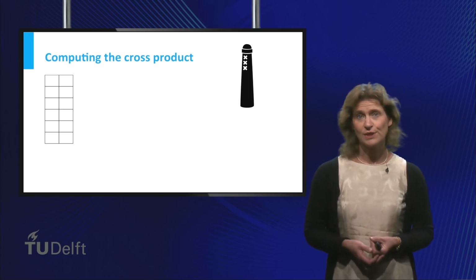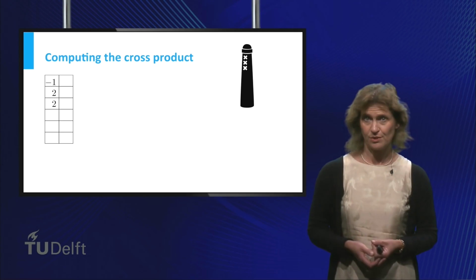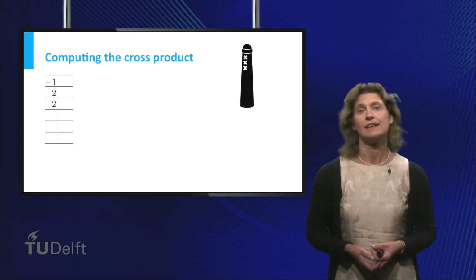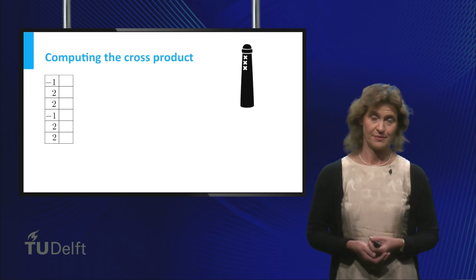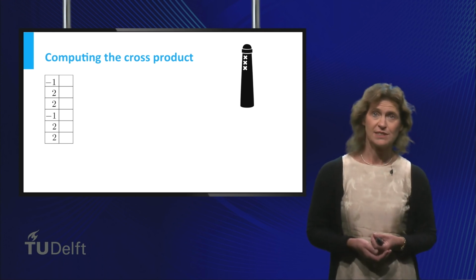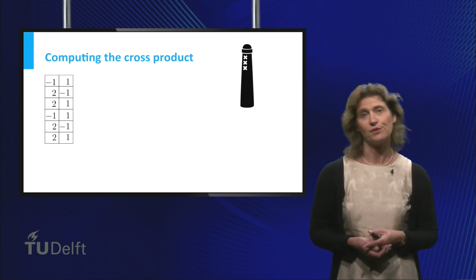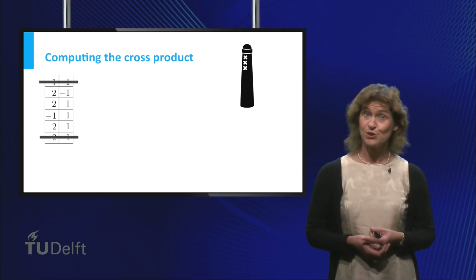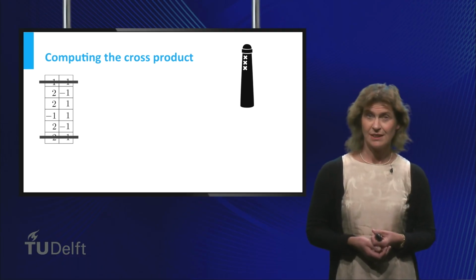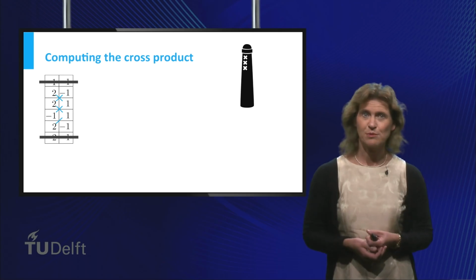In the first 3 entries of the first column, you put the vector u, and in the next 3 entries, you do this again. Then do the same thing for the second column, but now with the vector v. Then remove the first and last rows and put 3 crosses in the table as shown.